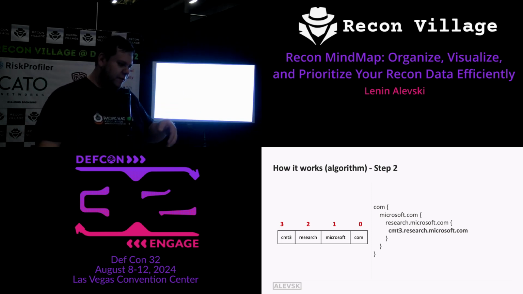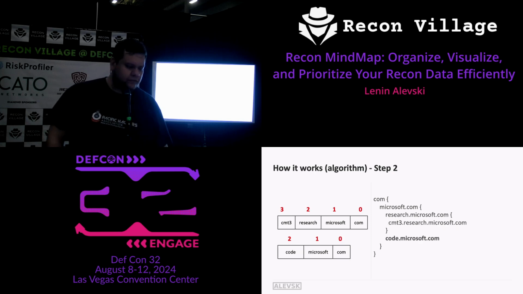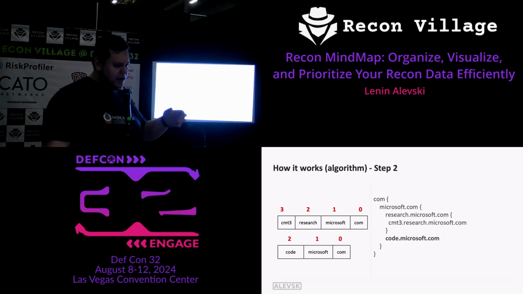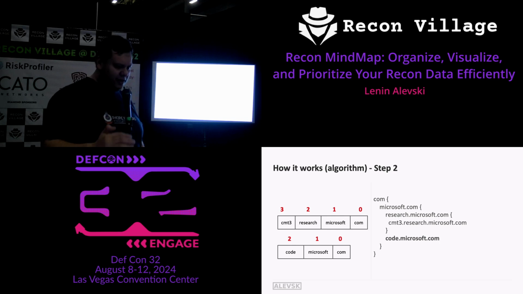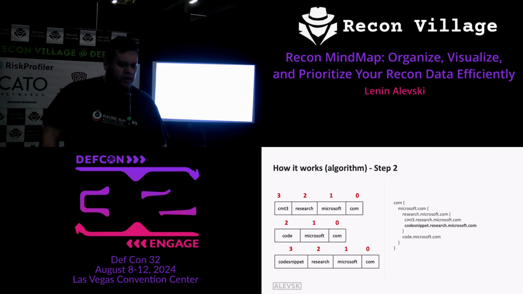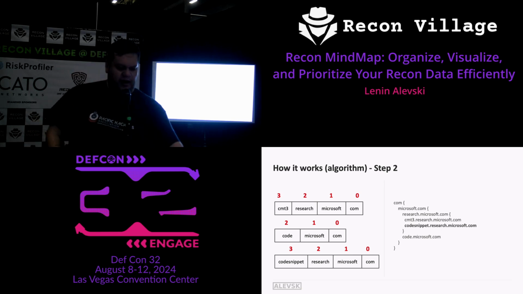So in this example, it's going to iterate from the top-level domain, the domain, and all the subdomains, and it's creating that structure. Same thing, you can see how it starts populating the different levels until it finally completes the whole iteration, the whole processing of all the domains.